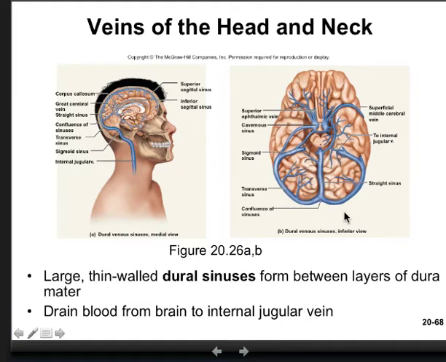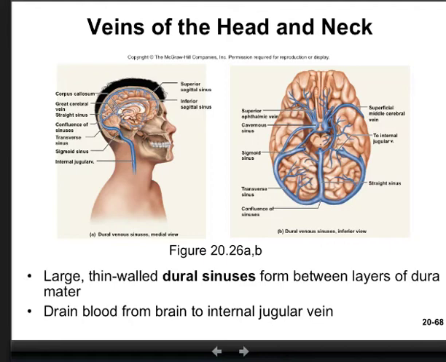If you look at the underside of the brain, you can see the confluence of sinuses here. There's your transverse sinus, there's your straight sinus, and your sigmoid sinus. And then you can see the superficial middle cerebral vein. You've got one on either side. These are paired, okay? Remember, again, that when you're looking at a lot of these pictures, you want to keep in mind that there is a superficial side and a deep side to a lot of these diagrams.